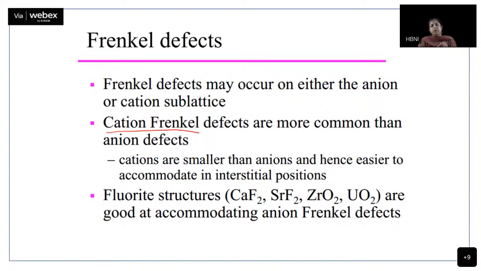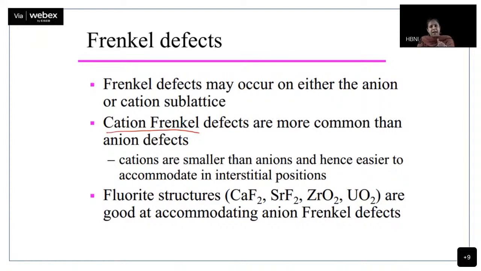Because we talked about this in the close packing class also. The size of the interstices is smaller than the close packed ion. Now cations are smaller, so the probability of them getting knocked off from their site and occupying the interstices, because interstices would be smaller, is more as compared to anions getting knocked off.